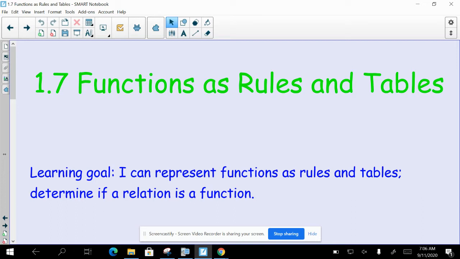And also we're going to talk about the difference between a relation and a function and determine if a relation is a function or not. There is a certain criteria that makes a relation a function. And if you think about it, everything in life is related.